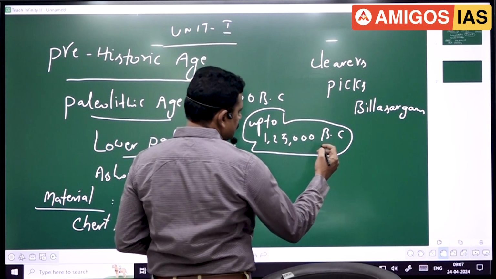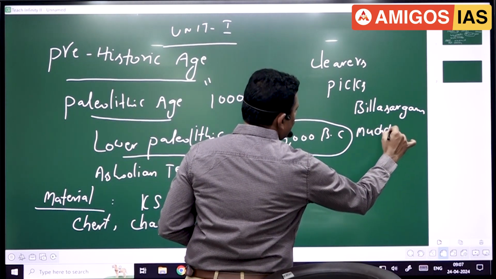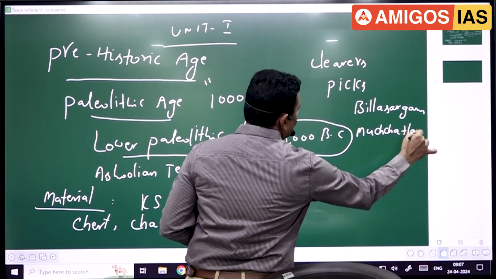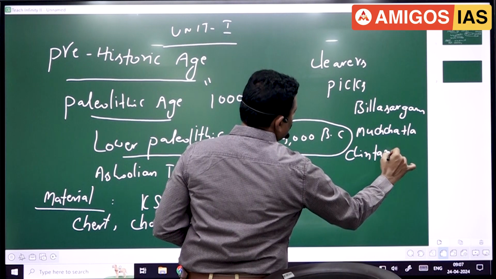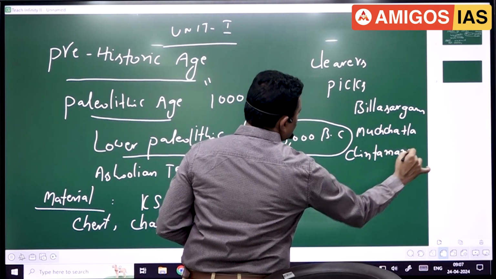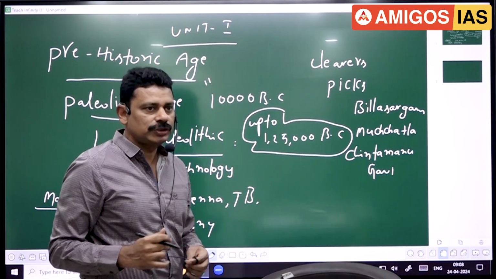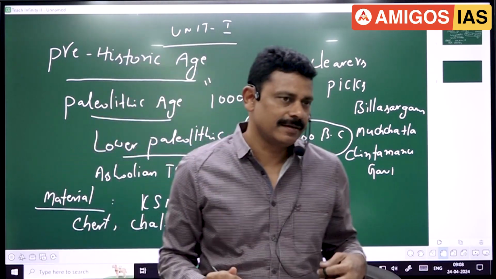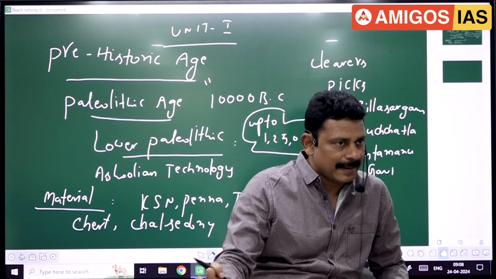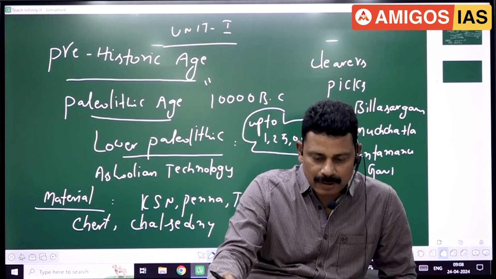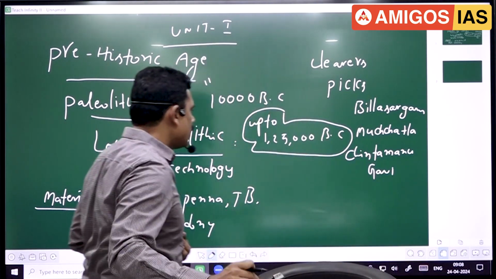Another place in the same district, Muchatla Chintamanu Gavi. It's very near to the Nandyala and Betamcherla region. Then Akavedu, another place.